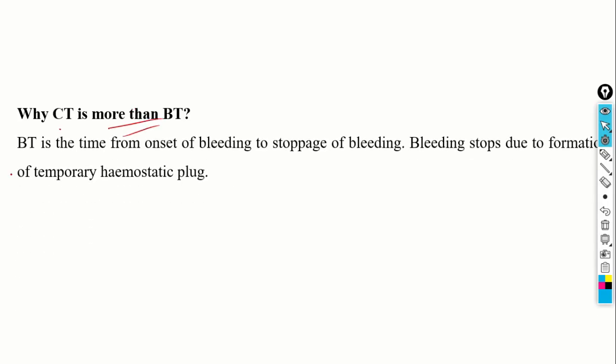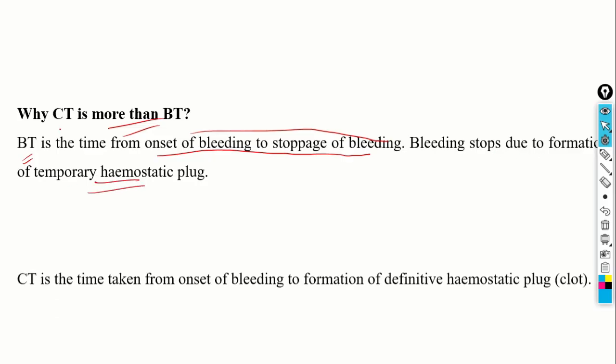Why is CT more than BT? Bleeding time is the time from the onset of bleeding to stoppage of bleeding. Bleeding stops due to formation of a temporary hemostatic plug, that you have to say.